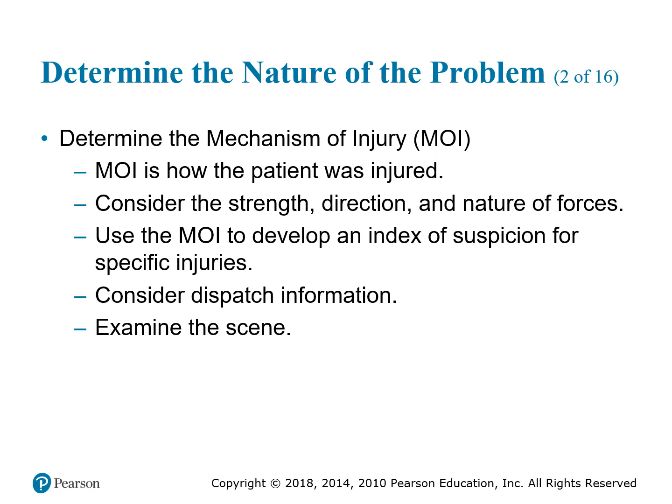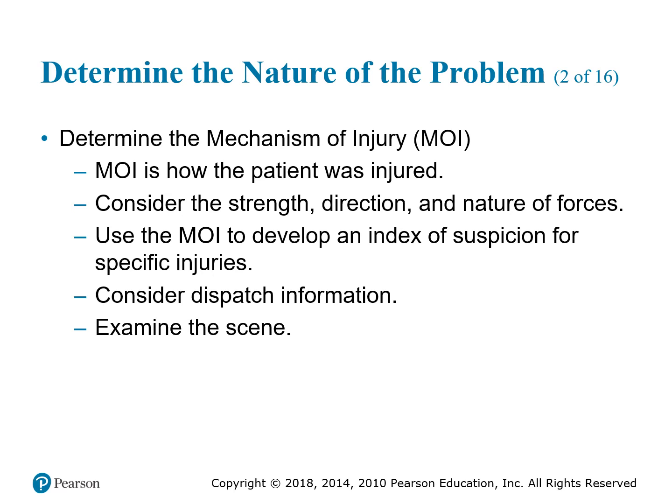Your mechanism of injury is a traffic collision. And then you go and assess your patient and you ask, "Hey, what happened?" And they say, "Oh, I was in a traffic collision." You still don't have a complaint of what's going on. It's like, well, what hurts? With that mechanism of injury, how did that injure you? Now consider the strength, direction, and nature of forces.